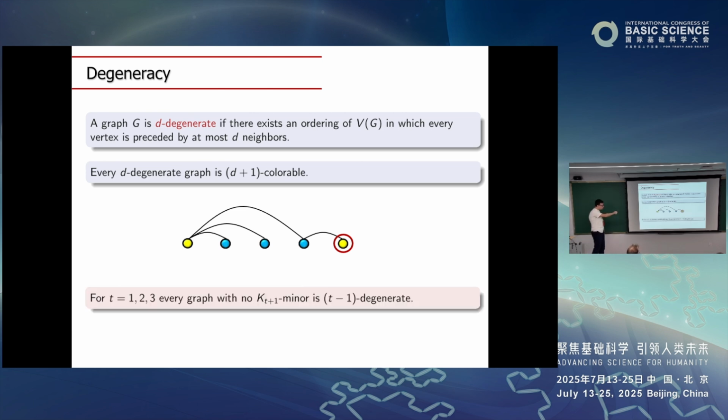And for all easy cases of Hadwiger, it's true that just this degeneracy works. Every graph with no K3 minor is 1-degenerate, and every graph with no K4 minor is 2-degenerate. It breaks at the four color theorem. But basically this very simple thing is the most robust thing we know for coloring.